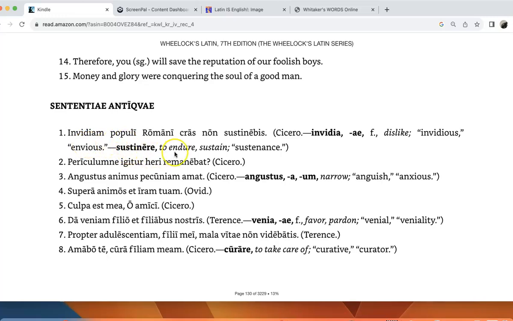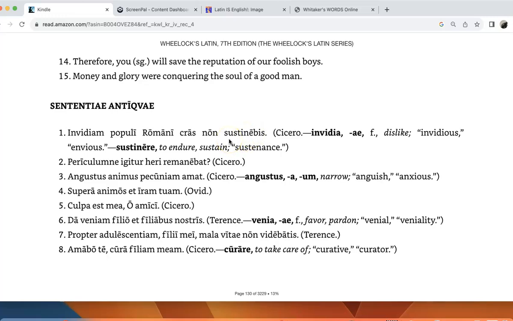And then sustinere, to sustain, sustenance. You need sustenance in order to have energy to work, for example, and also to endure. So this one we have: dislike of people, Roman, tomorrow, not, you will sustain.